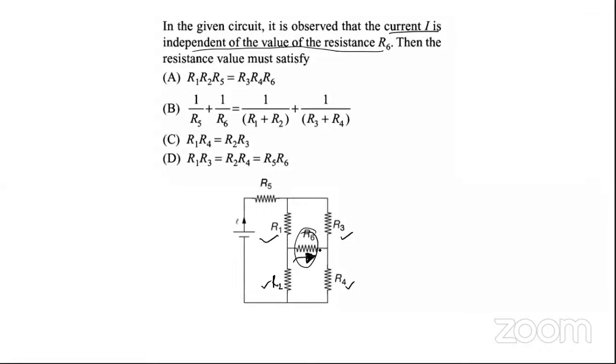So obviously this is a Wheatstone bridge structure, and which satisfies the Wheatstone condition, which is R1 by R2 equals R3 by R4. Alright, and if you rearrange this, we get R1 R4 equals R2 R3, which is the option C.